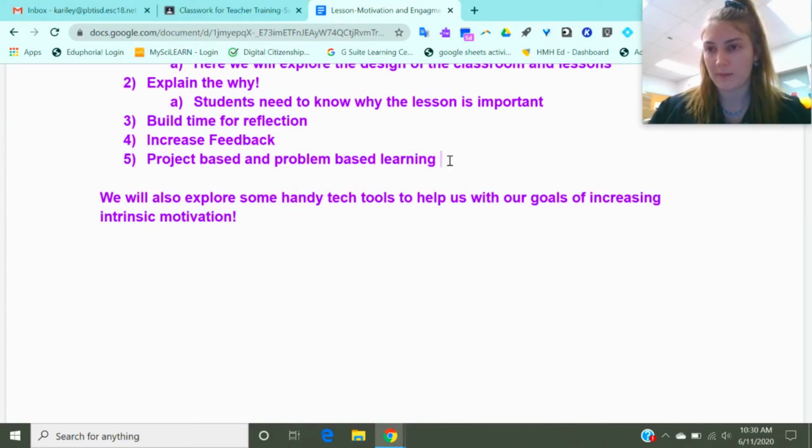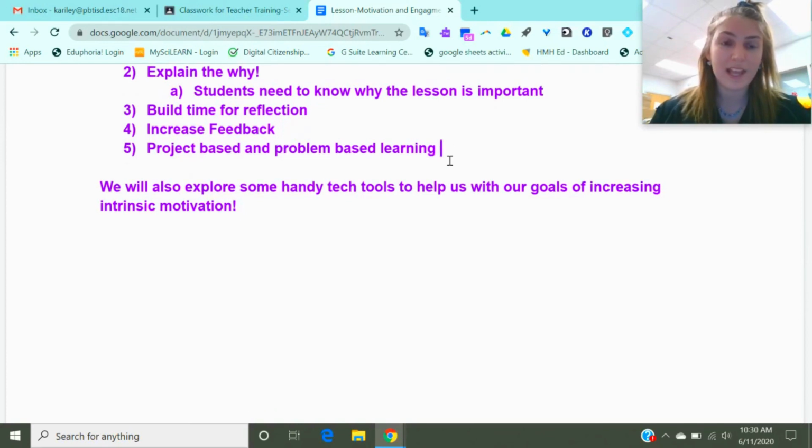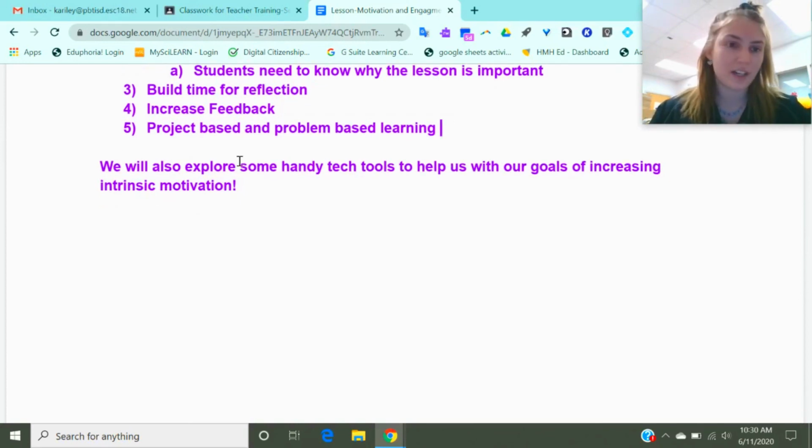That's one thing we'll talk about later: turning your lesson objectives into student-friendly questions that give the kids a way to answer. That will also help them really engage with the material. And then after we talk about flipped classroom, we're also going to explore some dandy technology tools that are going to help us to reach these goals.